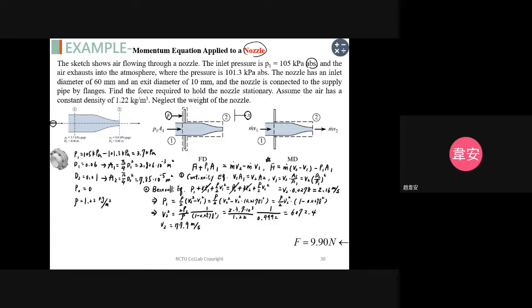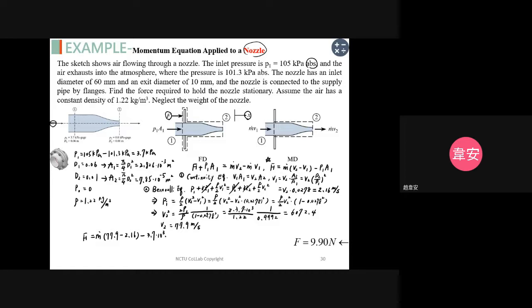So we just put the V1 and V2 back into the equation in here. So the force is equal to the mass rate multiply the V2, which is 77.9, minus the V1, which is 2.16, and minus the pressure gauge P1, which is 3.7 multiplied by 1000 kilopascal, and multiply the A1 area.